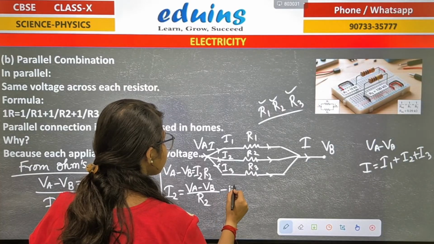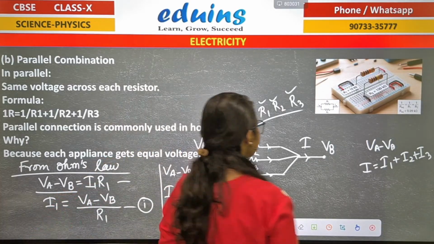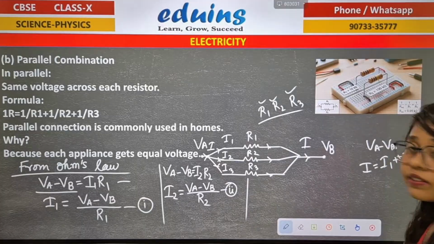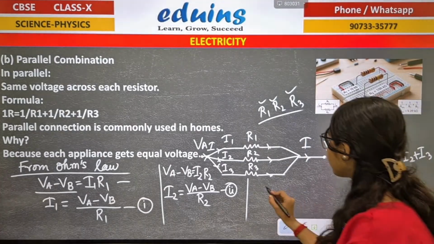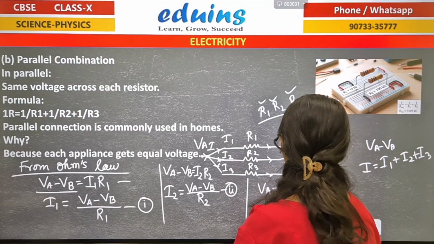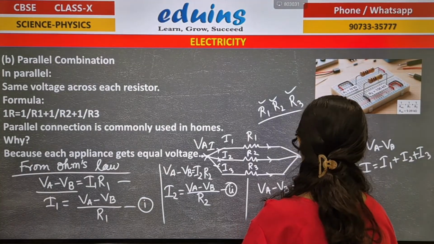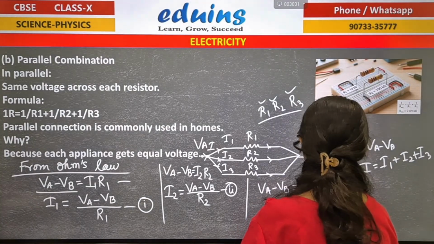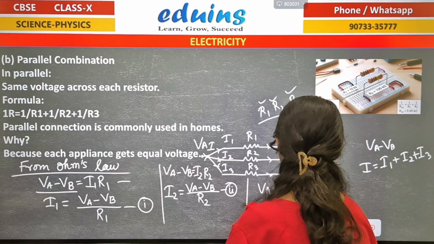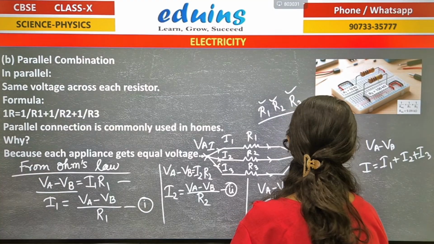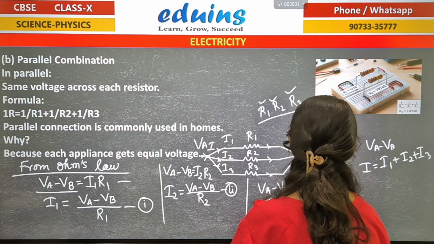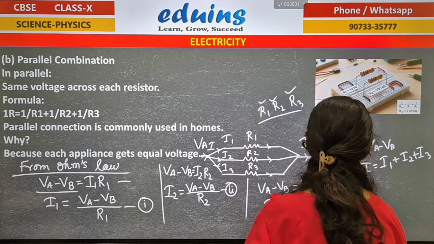This is equation number 2. Similarly, for the R3 resistor, VA minus VB is equal to I3 R3, and I3 becomes VA minus VB by R3. This is equation number 3.